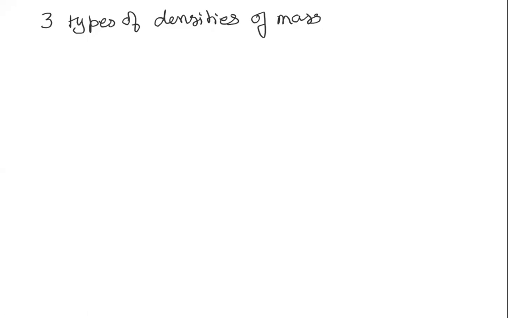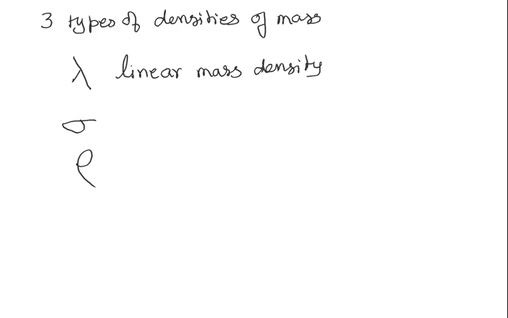So I want to talk about three types of densities of mass, and their symbols are lambda, sigma, rho. This is called the linear mass density. Now what do we mean by linear mass density?